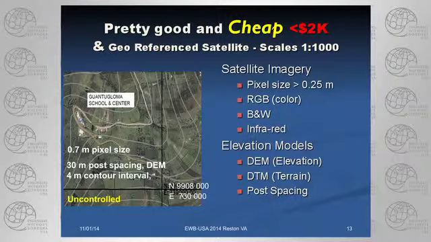As you get these large files, in fact the one we got was about 500 megabytes just for imagery, the sharpness you get depends on the pixel resolution you order. You can get it in color, and that's very handy because most people can relate to color a lot better.